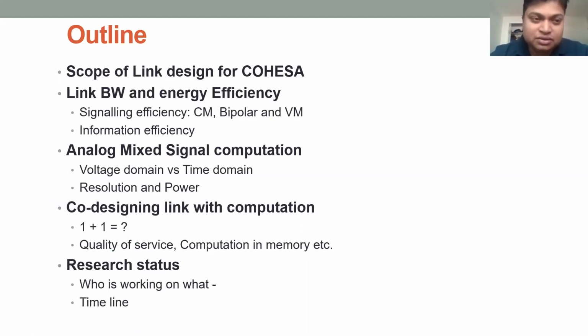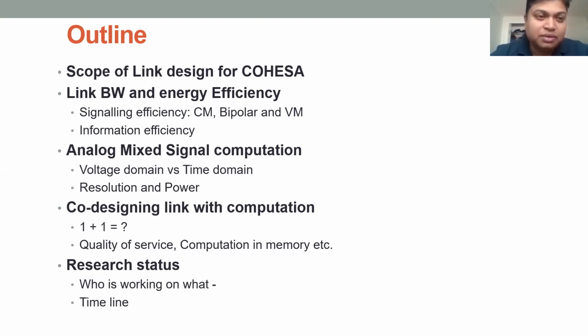So we'll define that scope, what is happening out there, how people are using these links, for example, NVIDIA and other people, and try to learn what specifically they are doing to make it adaptable to this machine learning effort. And what comes out is that in these links, they are providing the bandwidth.